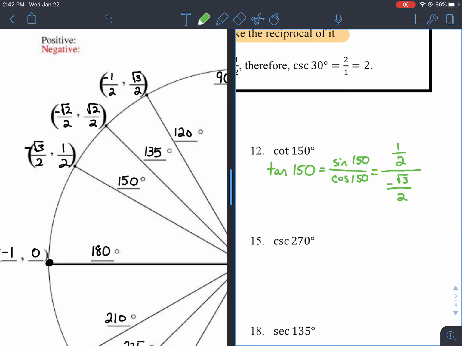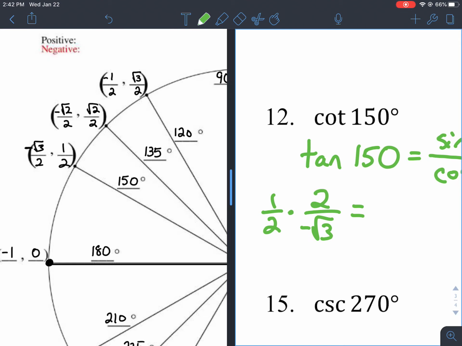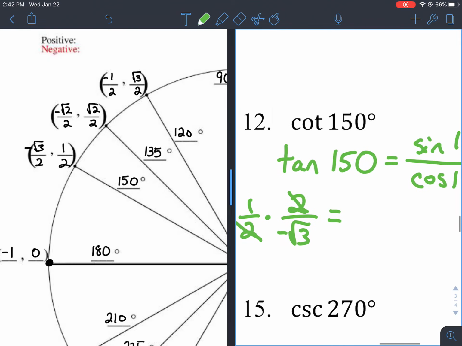And now we go about multiplying by the reciprocal. 1 over 2 times 2 over negative root 3. We can see that the 2's are going to cancel out. We're left with 1 over negative root 3.